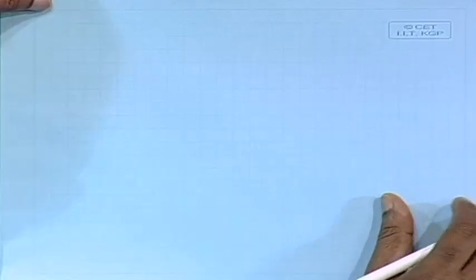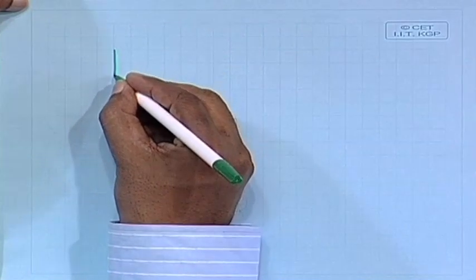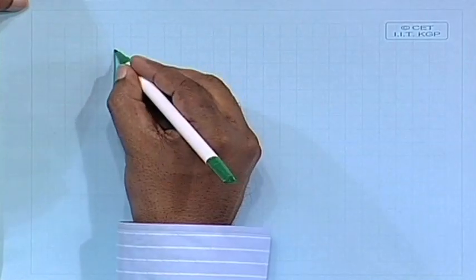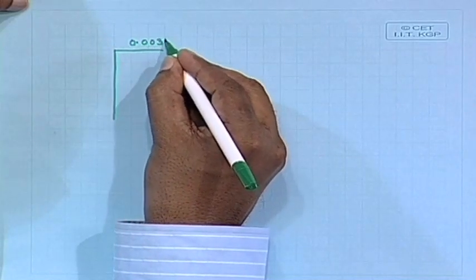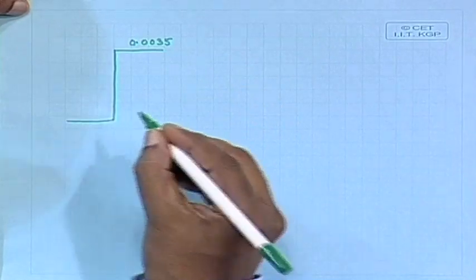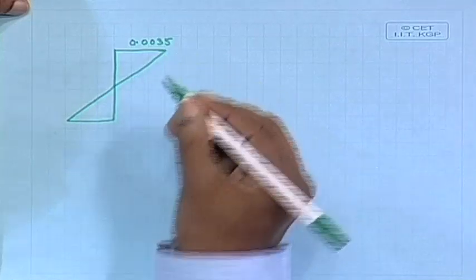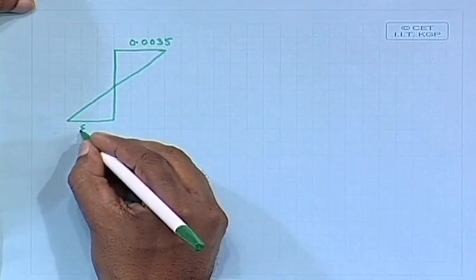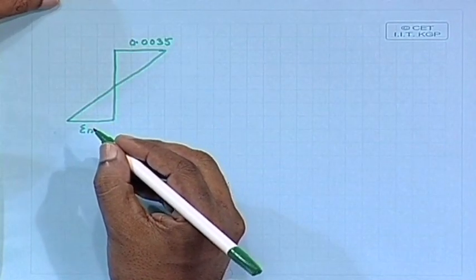So, let us take one by one. Let us do another part. Let us see from the strain point of view. Our strain in concrete permitted is 0.0035, and epsilon s, depending on different steel, we shall get different strain.